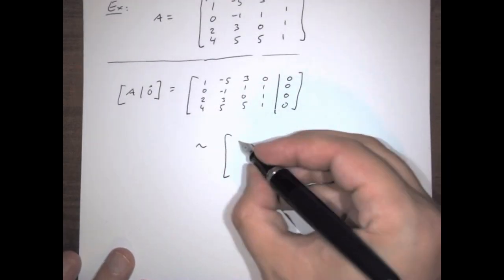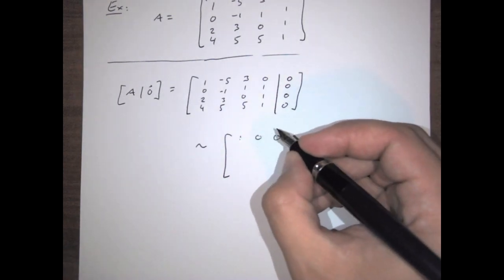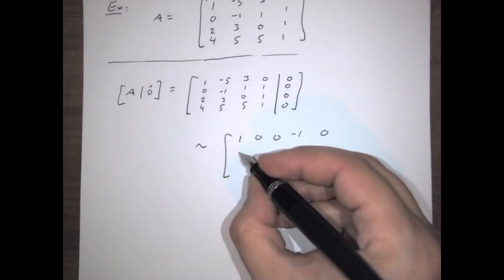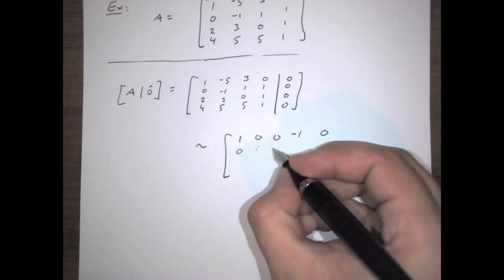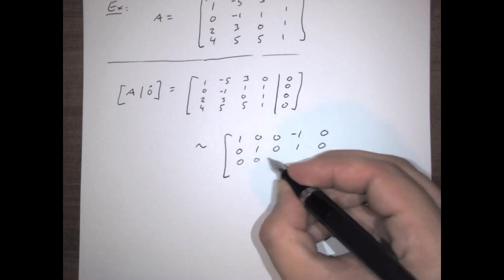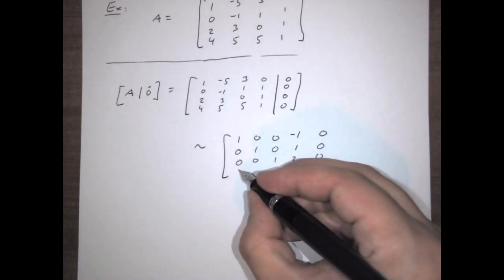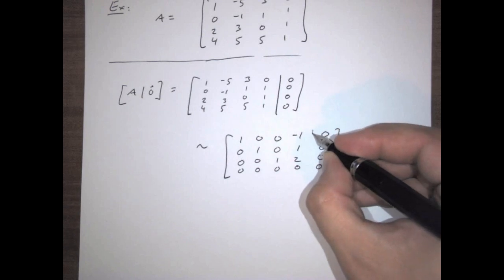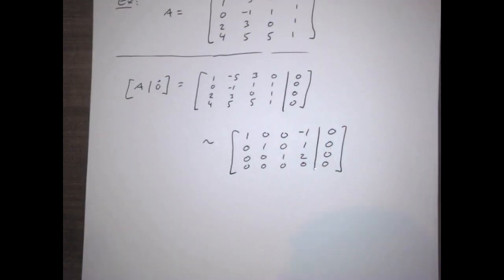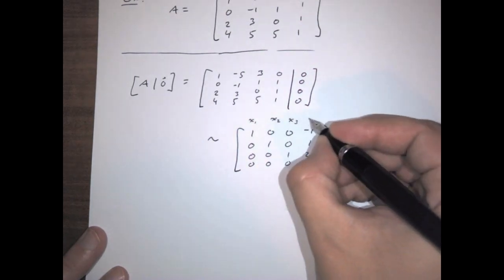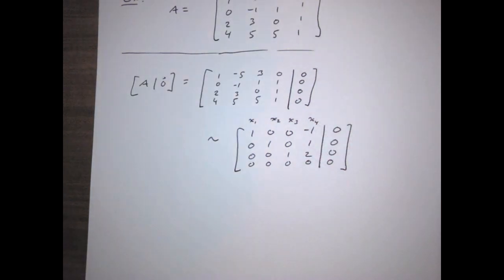And just as we saw already, there'd be 1, 0, 0, negative 1, 0. Then we'd have 0, 1, 0, 1, 0, 0, 0, 1, 2, 0, and then 0, 0, 0, 0, 0. Now, this column represents x1, this represents x2, this represents x3, this represents x4. x4 is the free variable; x1, x2, and x3 are the basic variables.